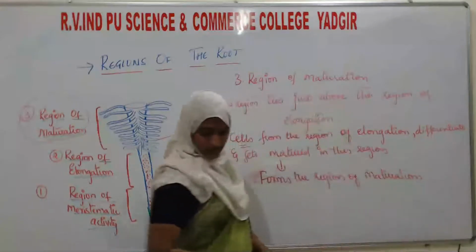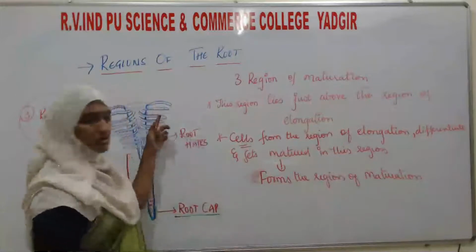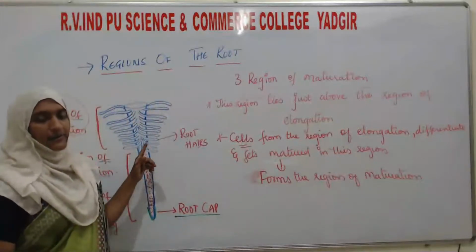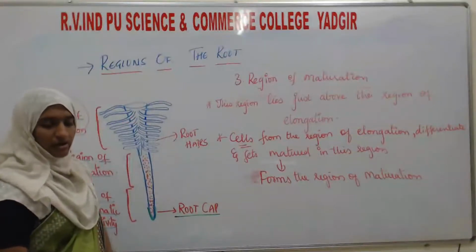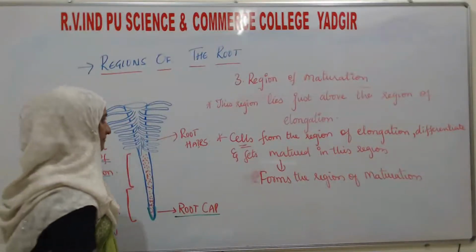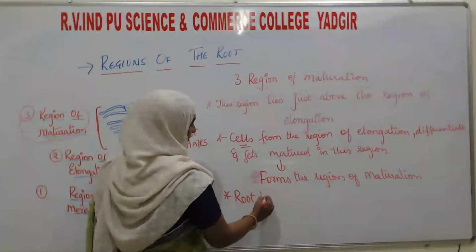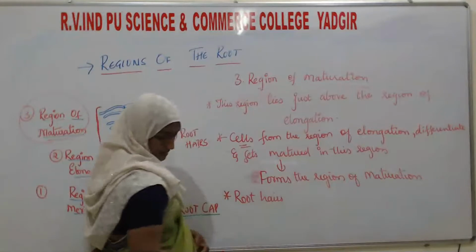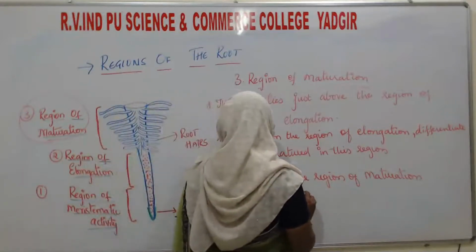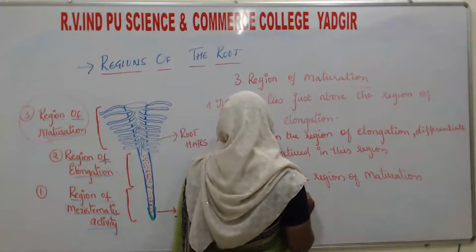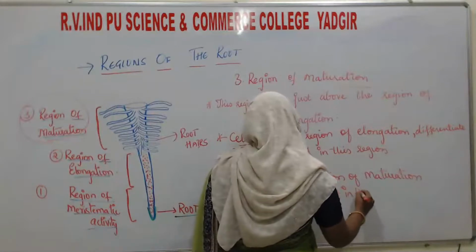The next thing here, the root hairs, whatever root hairs you are seeing here, that come from this region, are a part of the root epidermis. The root hairs come out in this region.